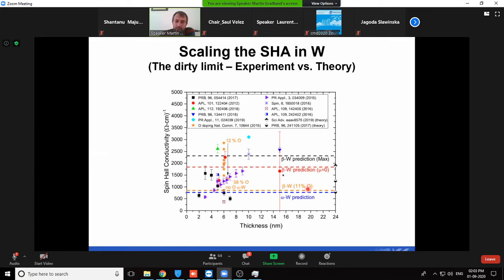If you would assume beta tungsten is homogeneously doped with oxygen, then actually we would predict a rather low spin Hall conductivity. So our prediction or our assumption is that the oxygen actually moves to the grain boundaries of the beta tungsten. But of course, we can't describe grain boundaries really within our calculations.